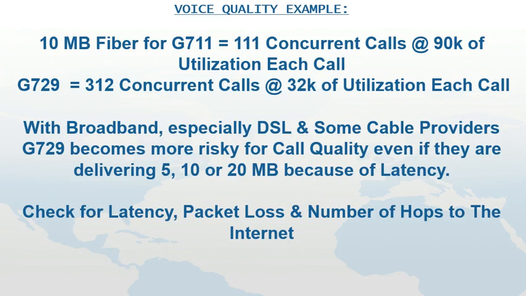When you move up to G729 compression, then you want to be even more diligent in investigating the quality of your ISP by looking at the latency, number of hops to the internet, packet loss, and stability of the speed streams. So a lot of factors can enter into the equation. Also, other issues such as, is your business in one location or multiple locations, even remote agents, all sharing a dialer hosted in a data center?